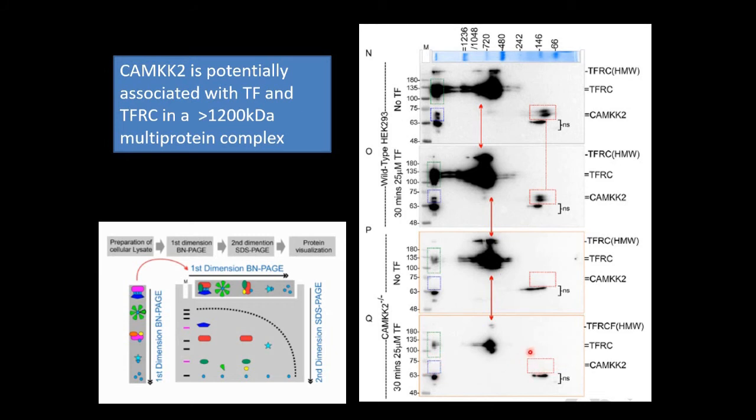Interestingly, transferrin receptor also appeared as multiple protein complexes ranging from 480 kilodalton to a very high molecular weight. The high molecular weight transferrin receptor complex vertically aligned with the CAMKK2 complex, indicating that these two proteins may be associated in a single protein complex.